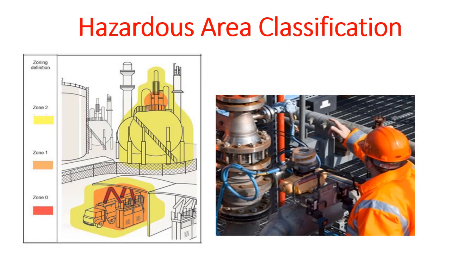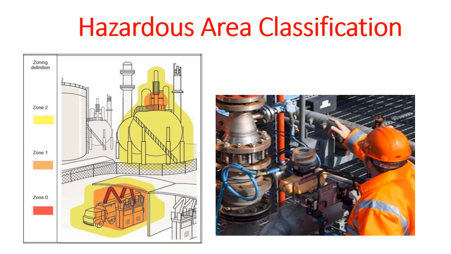In this section, we will study area classification. We have understood about the hazardous area. Now, hazardous area is divided into different zones or classes based on the presence of the hazardous material, the duration through which the hazardous material is present, and the type of hazardous material present.